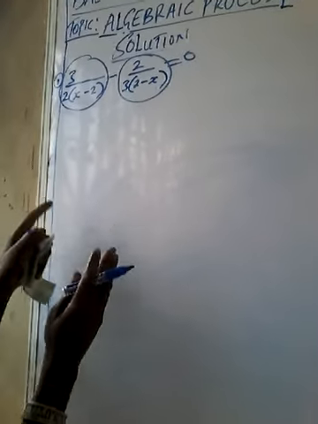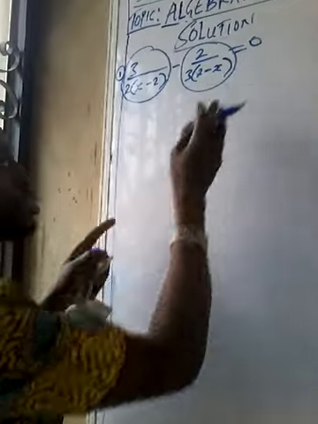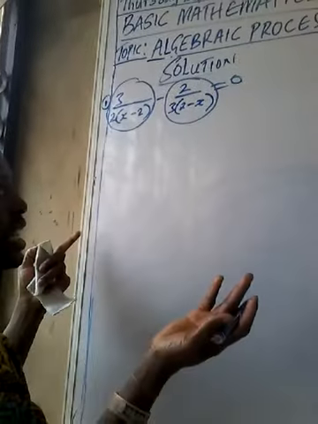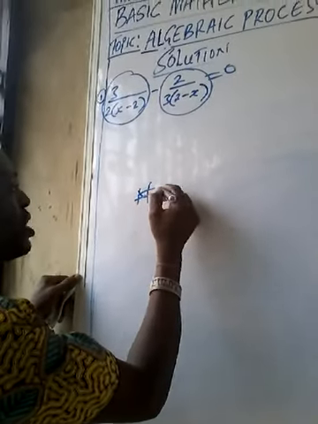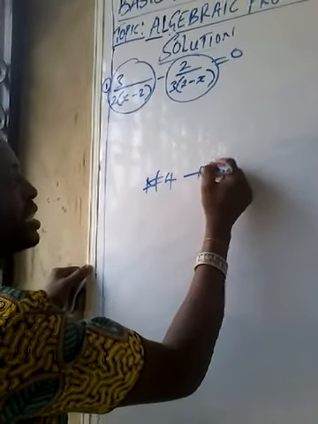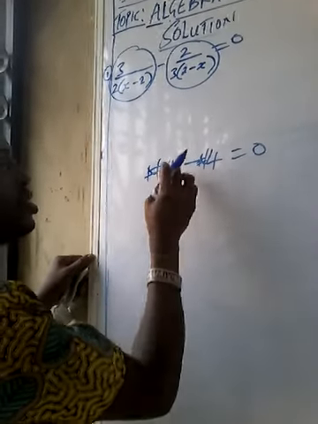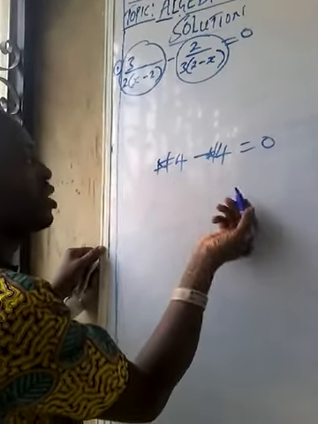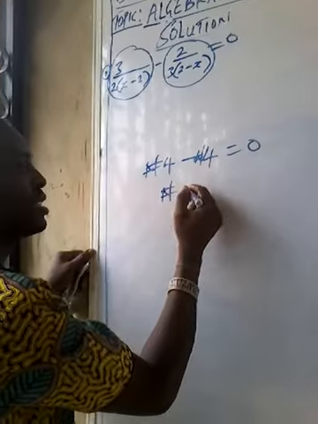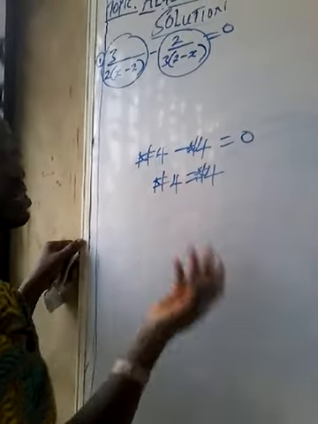If you subtract something from another thing and the answer is 0, that means those two things that you're subtracting are equal to each other. For instance, 4 naira minus 4 naira will give you 0. If you subtract and it gives you 0, that means you can say also that 4 naira is equal to 4 naira, because they are the same.